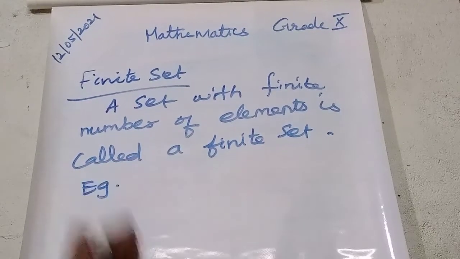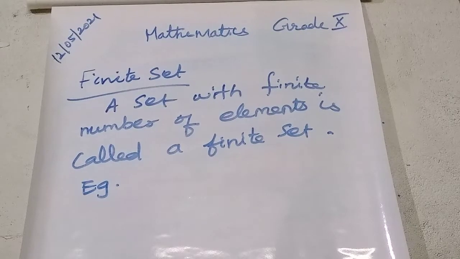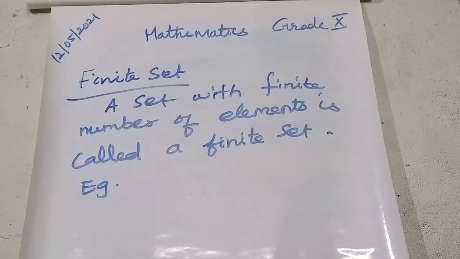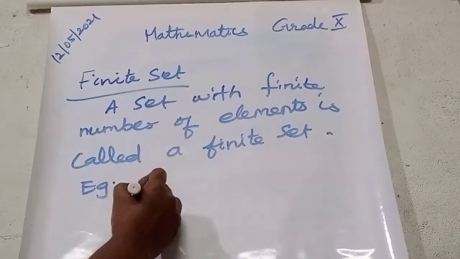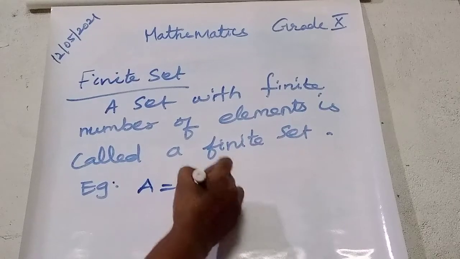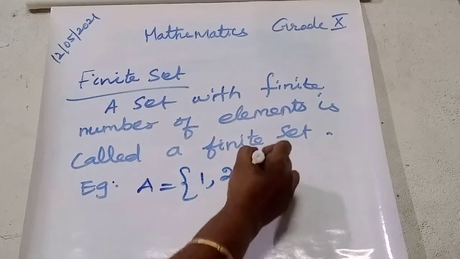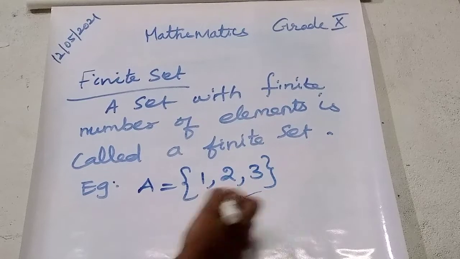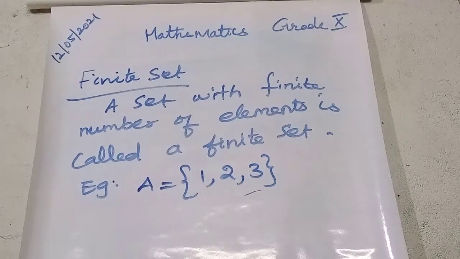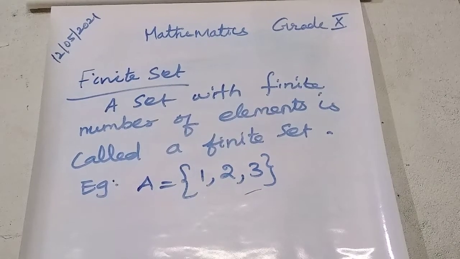Example: can you say what is the definition? A set with a finite number of elements, meaning a countable number of terms. Example, set A is equal to 1, 2, 3. 3 numbers are there, is it? Countable number of terms. This type of set can be called a finite set.